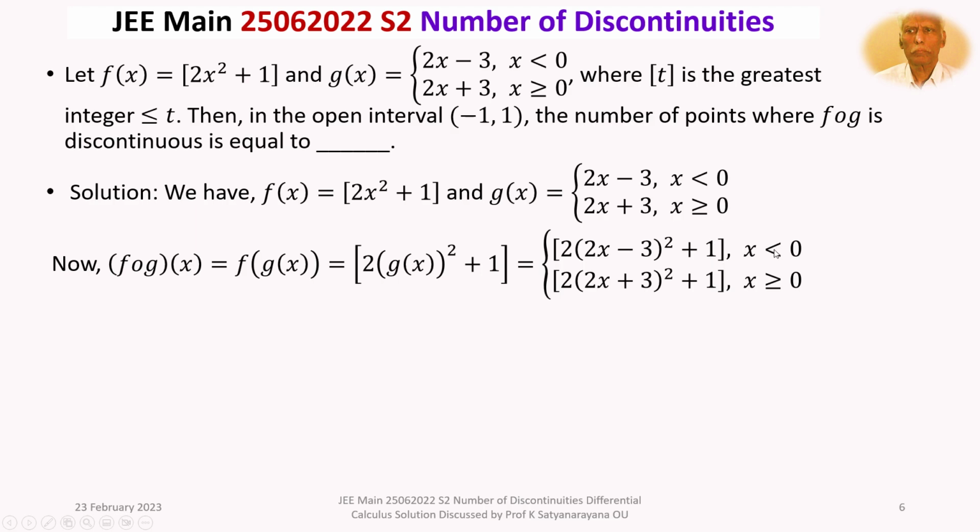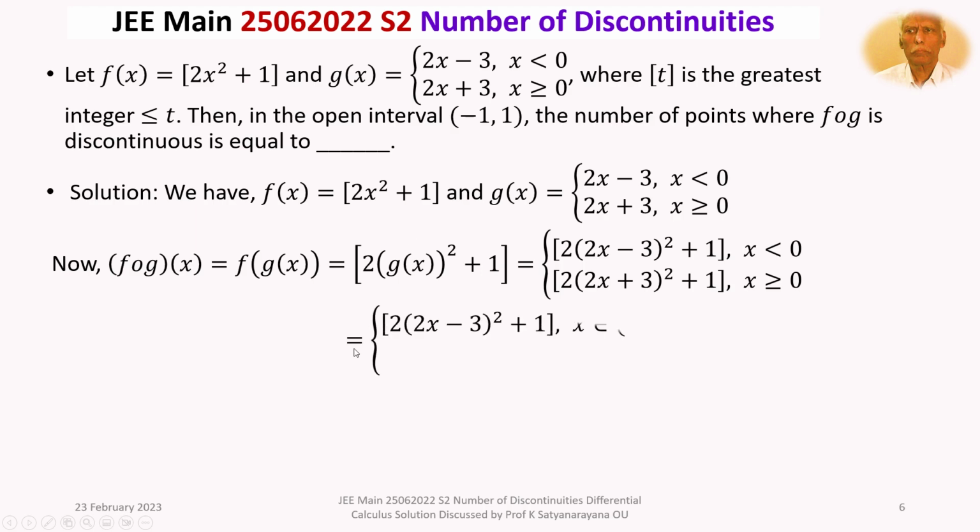bracket close when x is negative, and when x is greater than or equal to 0, bracket of 2 times 2x plus 3 whole square plus 1, bracket close. But our discussion is in the open interval minus 1 to plus 1.